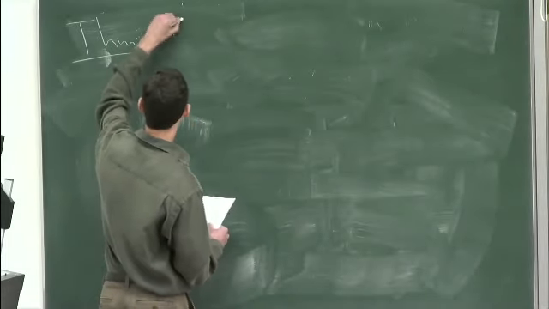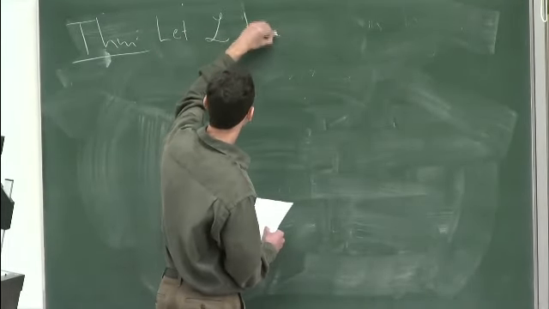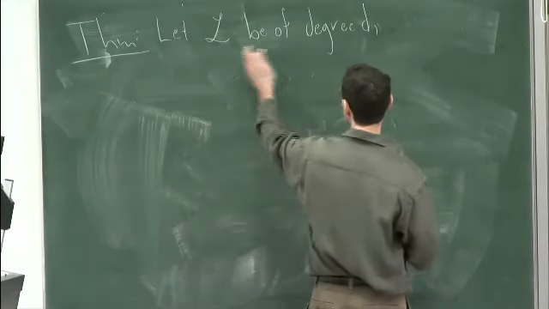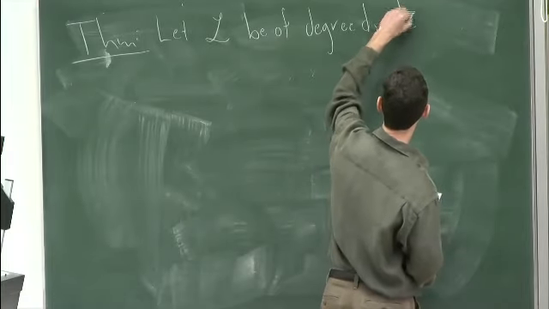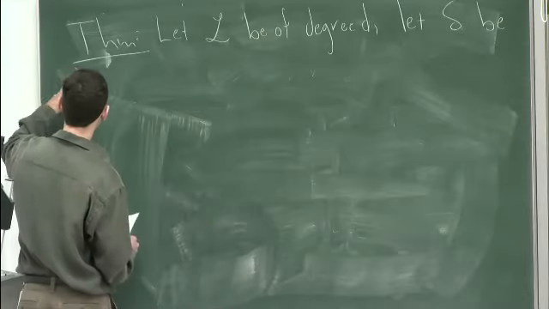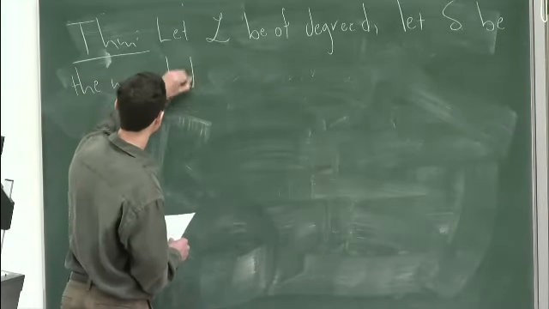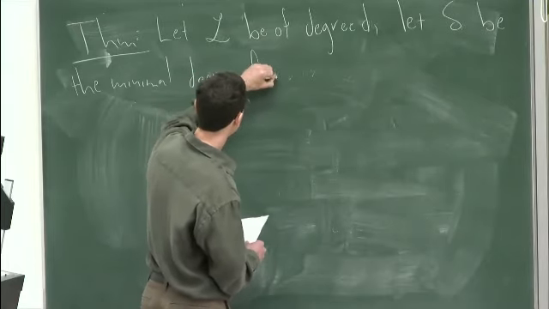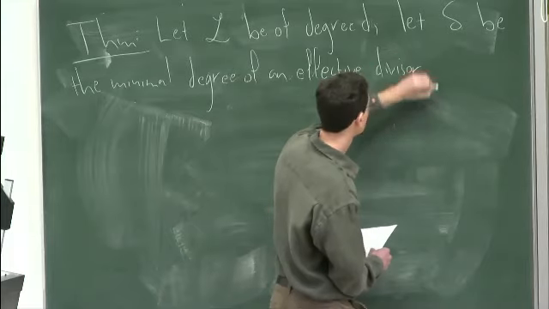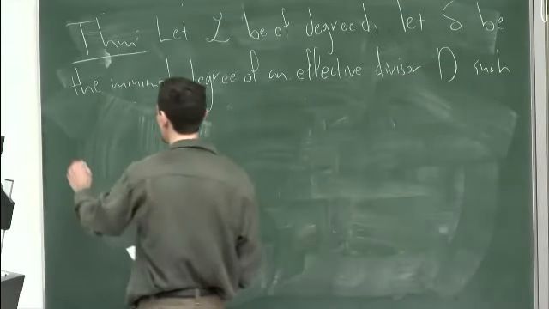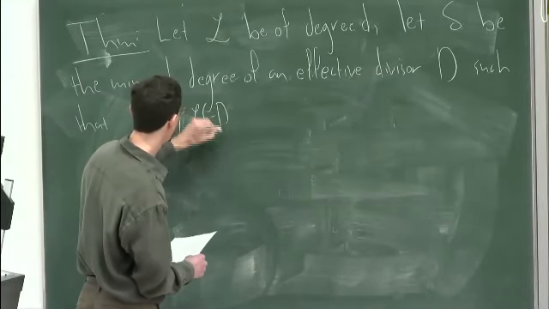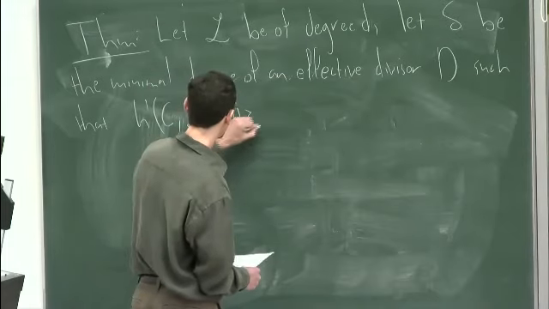So the first one is: we fix our determinant to be L, and delta is going to be the smallest possible degree of an effective divisor capital D such that H1 of L twisted down by D is non-zero. So it's at least 1.